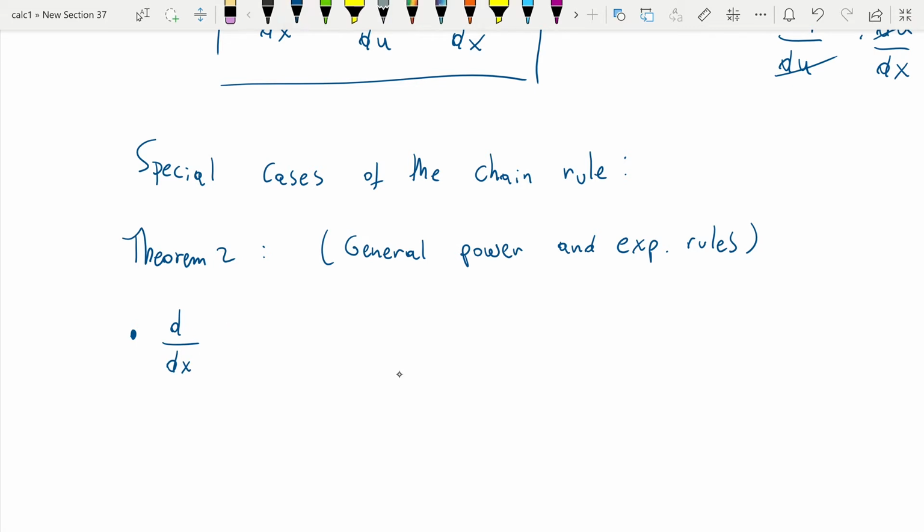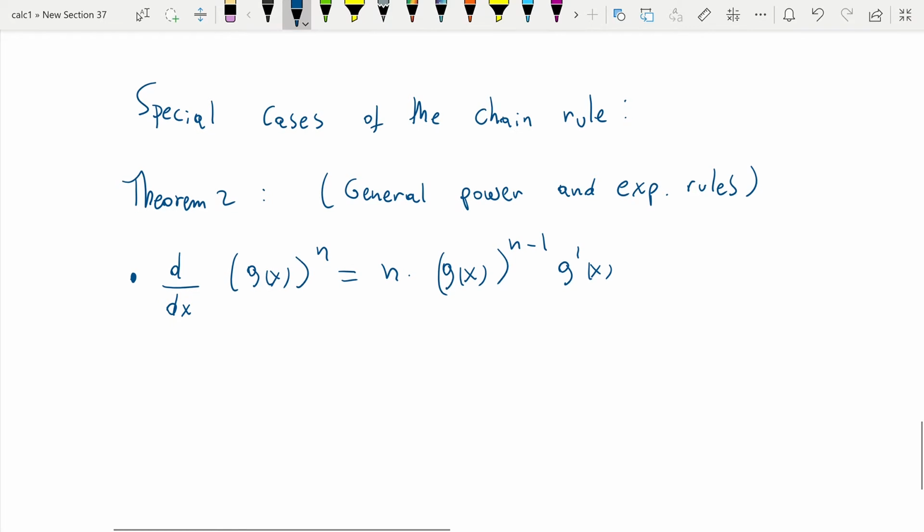The d dx of some function g of x to the n is going to be equal to n times g of x to the n minus 1 times g prime of x. This is valid for any number n.